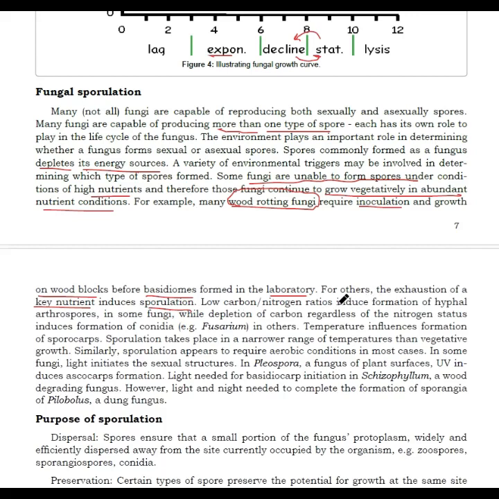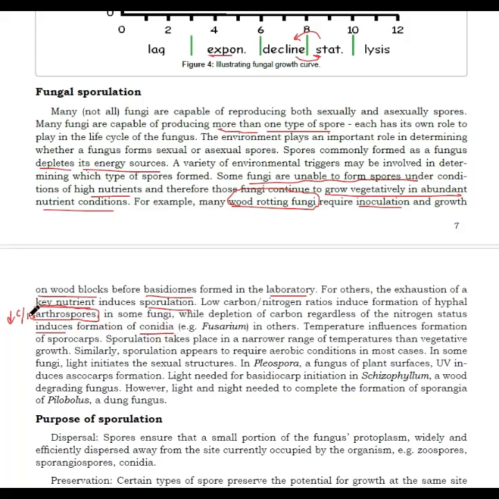Another example: a low carbon to nitrogen ratio induces the formation of hyphal arthrospores. Depletion of carbon regardless of nitrogen status induces the formation of conidia.